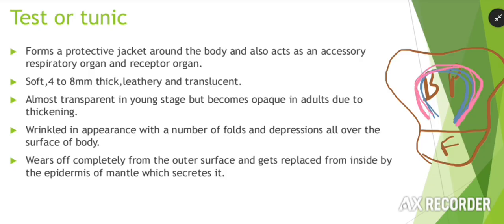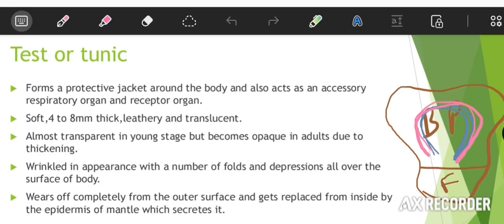Now this epidermis secretes the test, and the test gets worn out from the outside. So the epidermis of mantle secretes the test, and it wears off completely from the outer surface.